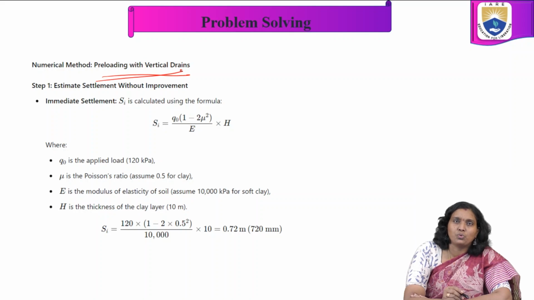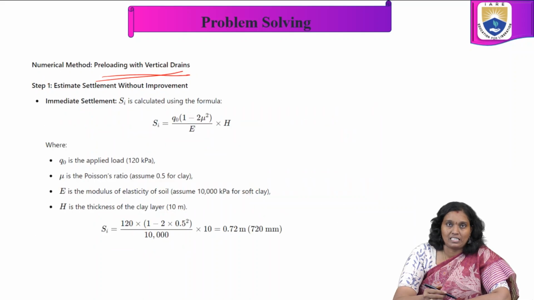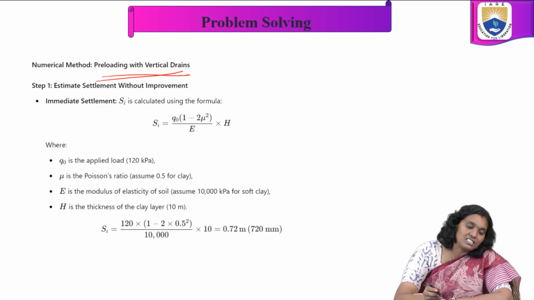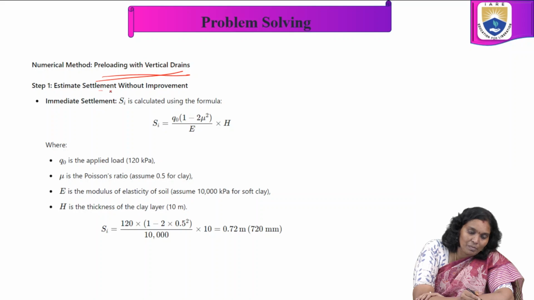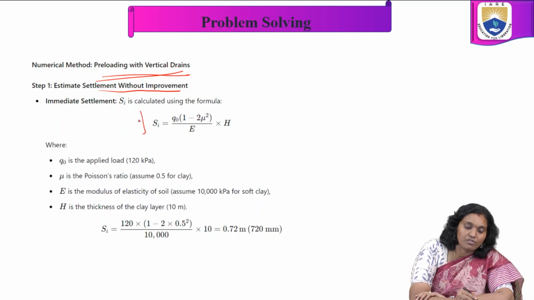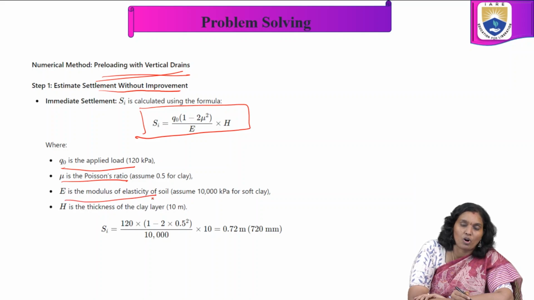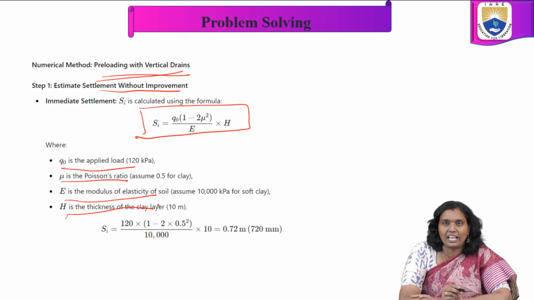The method we choose is preloading with vertical drains, because of all these properties. The first thing we are going to do is estimate the settlement without improvement. The immediate settlement is calculated using this formula, where Q0 is the applied load, mu is the Poisson's ratio, E is the modulus of elasticity of the soil, and H is the thickness of the clay layer.